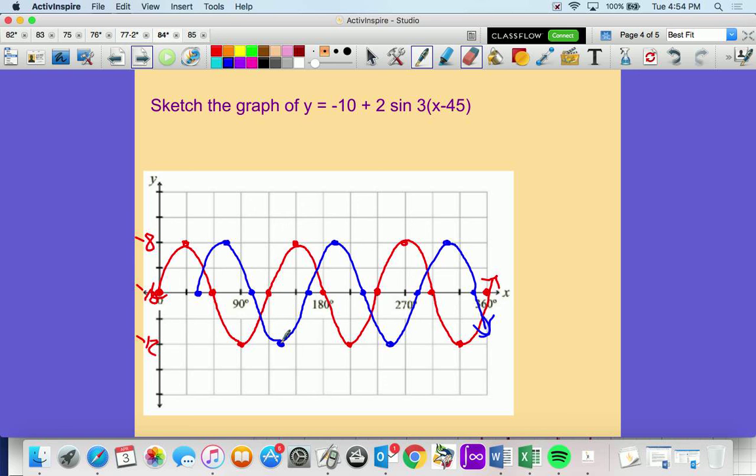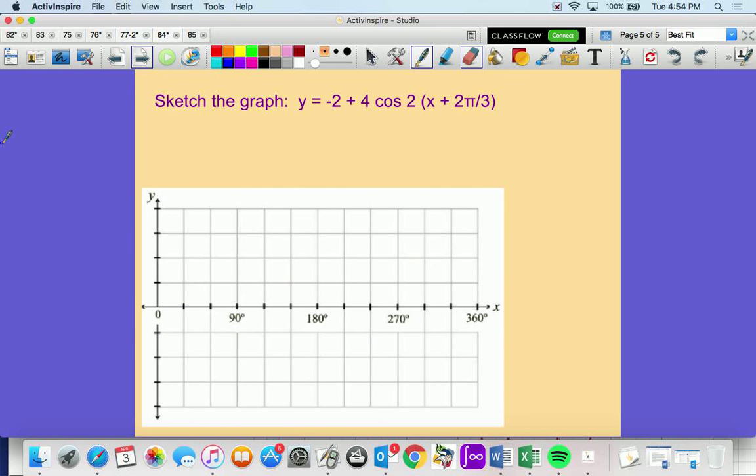It would bottom out 120 degrees before that, which would be right there. So then we would come down and then start to bounce back up. So our blue line is our answer here.